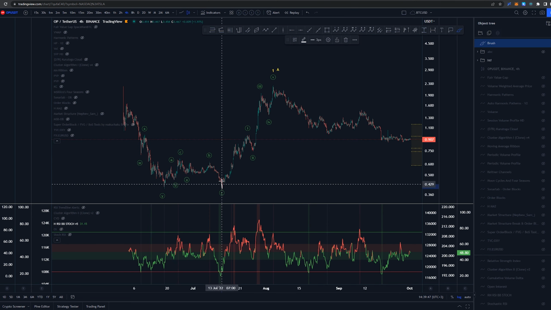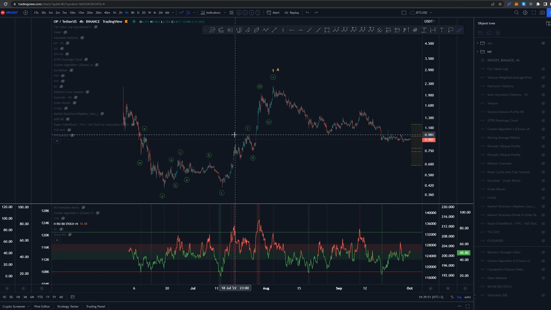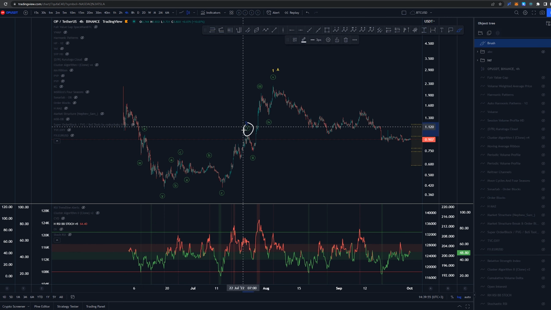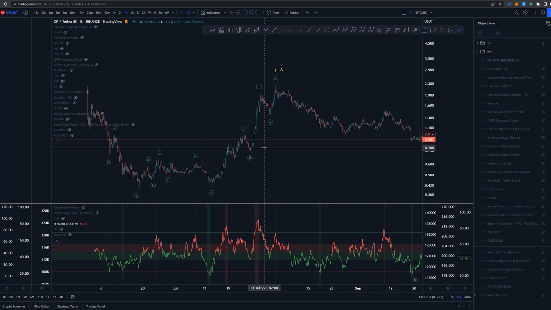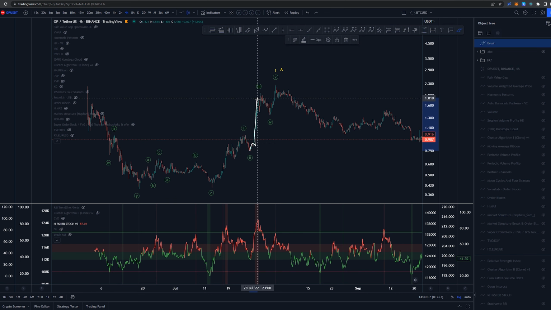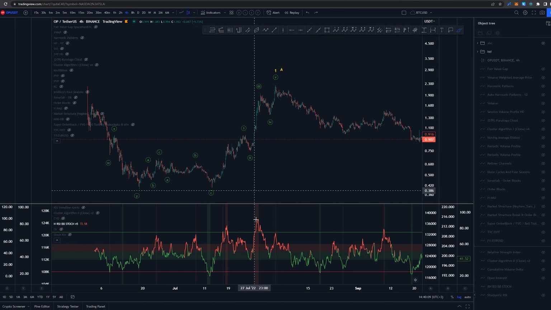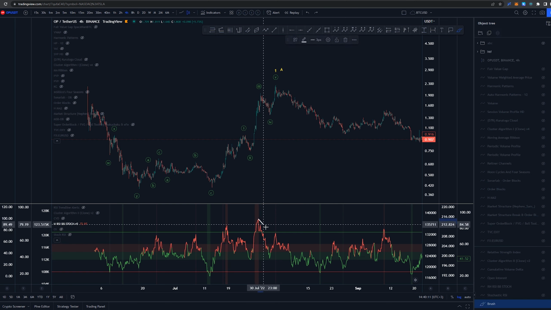So in here, I would be saying that we have a 1, 2, 3, 4, 5, a pretty good looking five-way structure. We do have that divergence between the third and fifth here into the first. Then we would have this as the wave 2, very short though, so I'm not quite sure if that is very good looking overall. And then again, we would have probably 1, 2, this would be 3, 4, and 5 into the third. Having the highest RSI here makes sense.